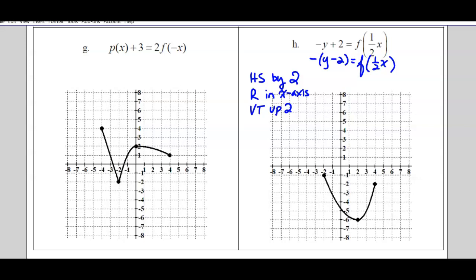So, horizontal stretch, take a look at the x value. It's -2. Stretched by 2 is -4. Reflect in the x-axis, that y value is now +1, and then up 2.